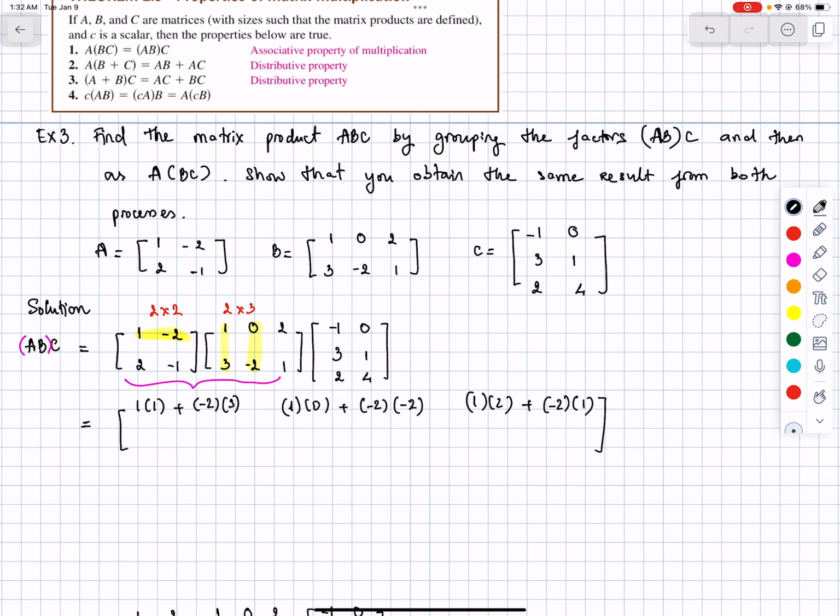Then similarly, we will use the second row and multiply columns 1, 2, 3 for the second one. So 2 times 1 plus negative 1 times 3, 2 times 0 plus negative 1 times negative 2, 2 times 2 plus negative 1 times 1. And then we carry the last matrix again.